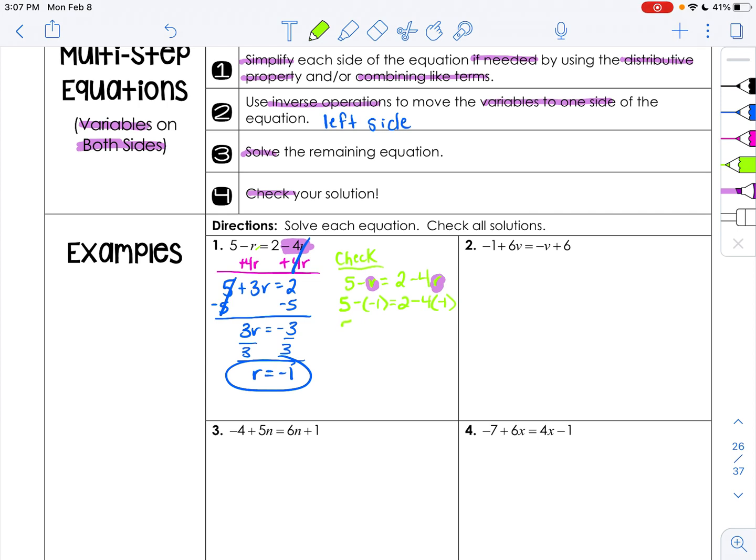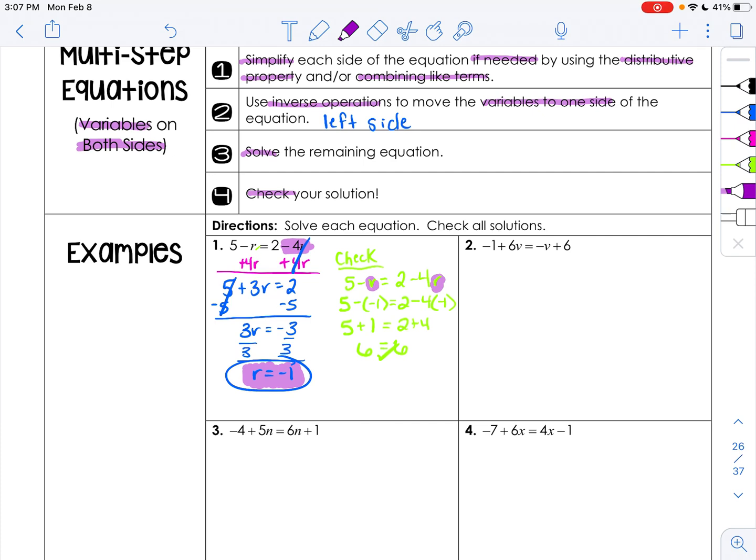Solving that, we get 5. Remember, a negative times a negative 1, a negative times a negative is a positive 1, equals 2 plus 4, because negative 4 times negative 1 is a positive 4. 5 plus 1 is 6, equals 2 plus 4 is 6, which is a true statement. So I can be confident in the fact that my answer is r equals negative 1.